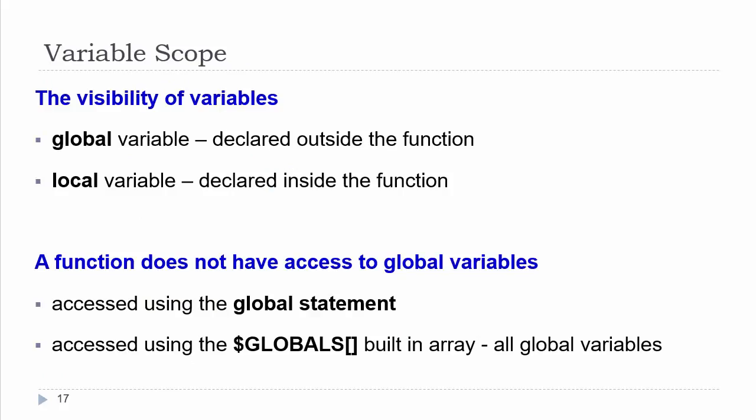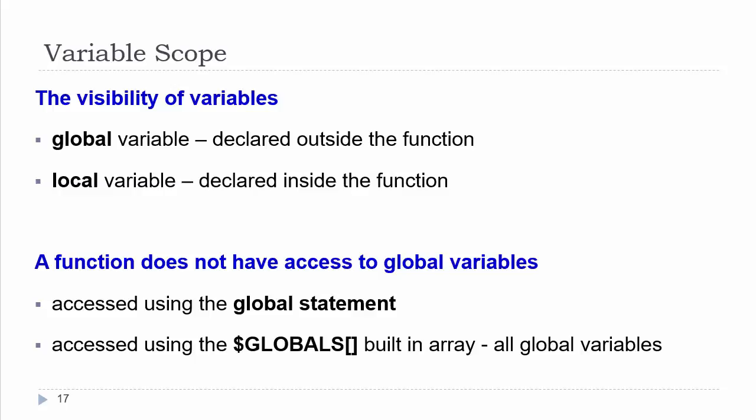Variable scope. Scope refers to the visibility of the variables. In PHP, we have two kinds of variables, global and local. A global variable is declared outside of the function. A local variable is declared inside the function. In most programming languages, local variables are only accessible or visible within that function, and that is true in PHP.